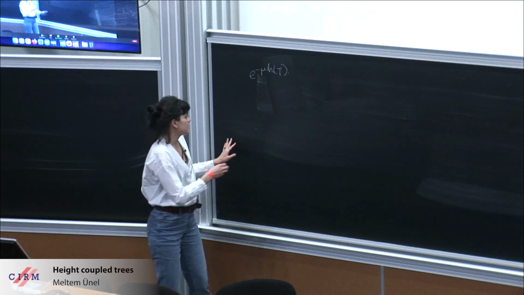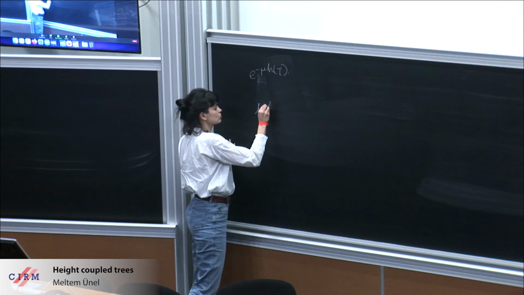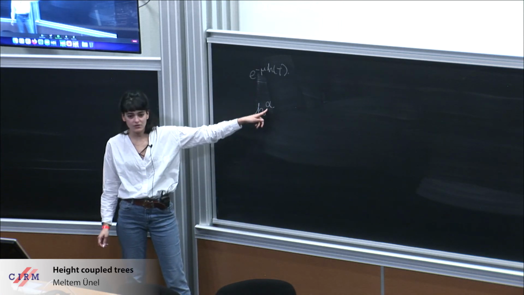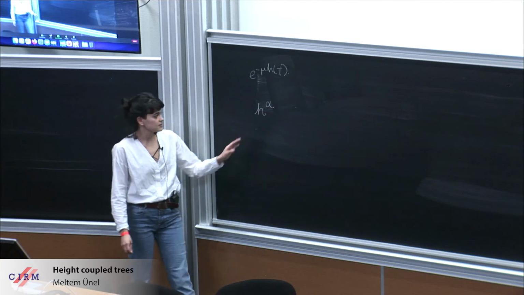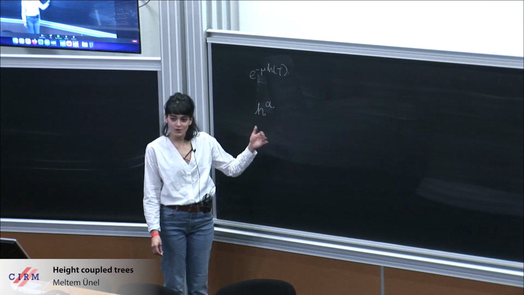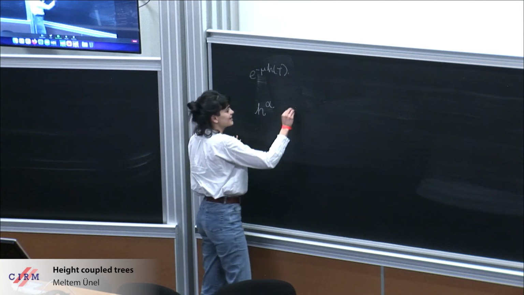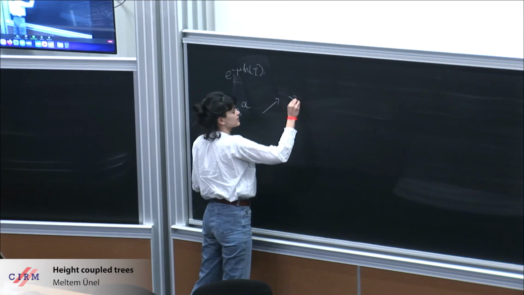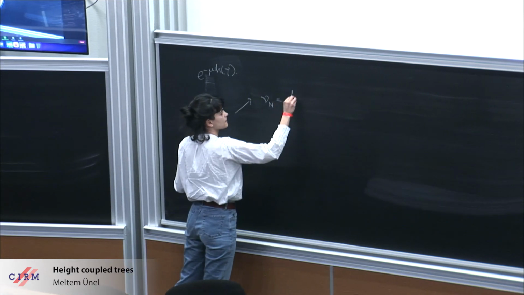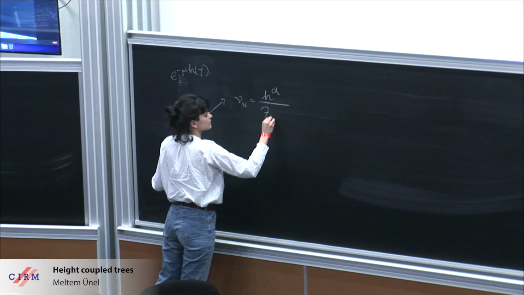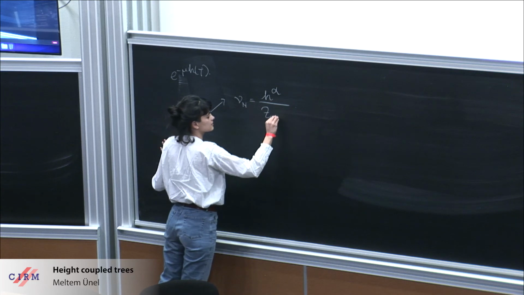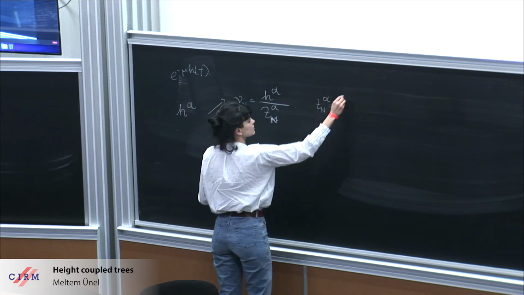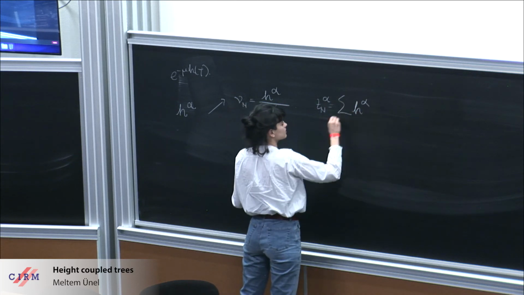And one can also look at the power-like case, where h is again the height of a tree and alpha is a real parameter. And this case turns out to be interesting for a different reason.